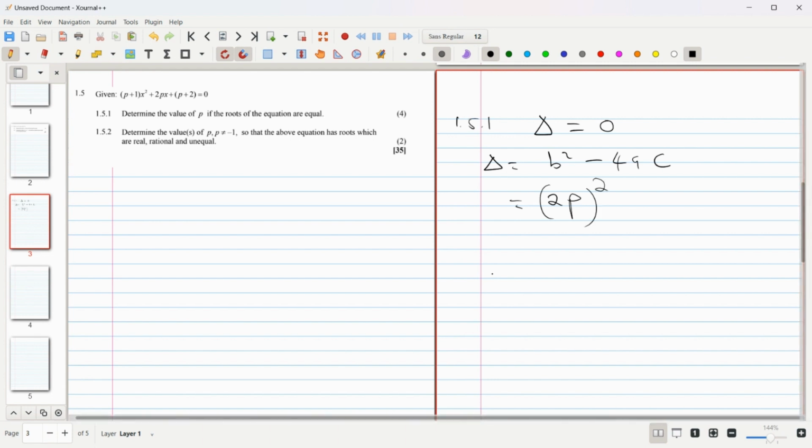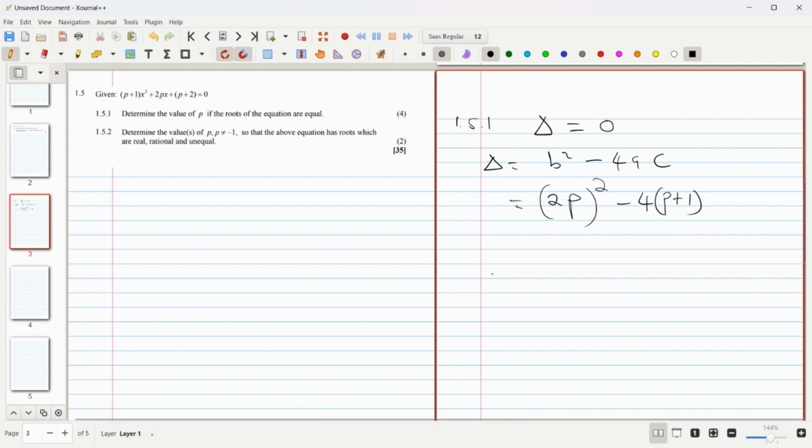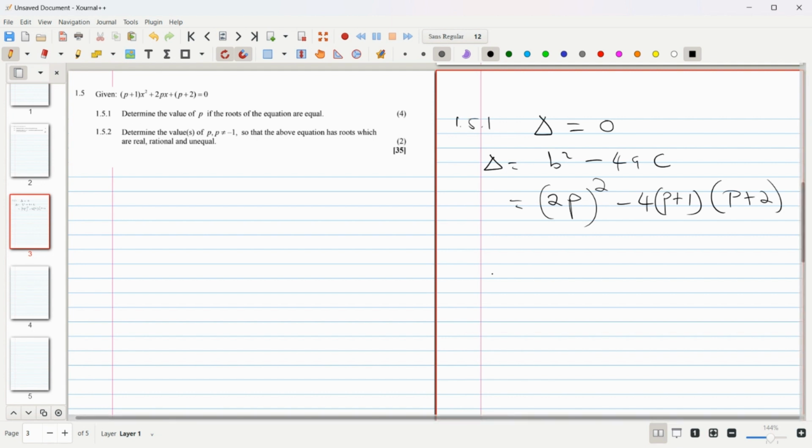So 2p, we need to square it because b we square, minus 4. What is our a? Our a is p plus 1. And our c is p plus 2.